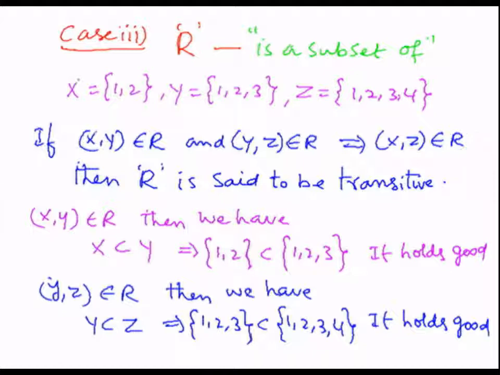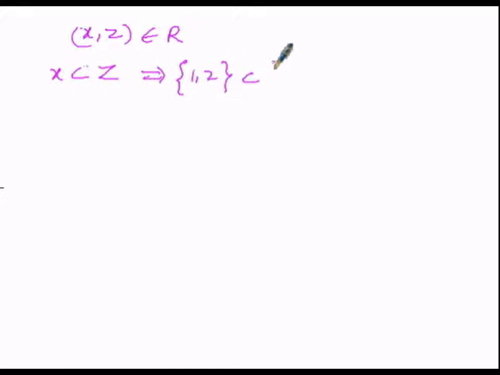Then the third case, that is the last one. So here x comma z also must belong to R, but the relation is a subset of, so x must be a subset of z. That implies the elements of x, 1 comma 2, is a subset of z elements, 1 comma 2 comma 3 comma 4.